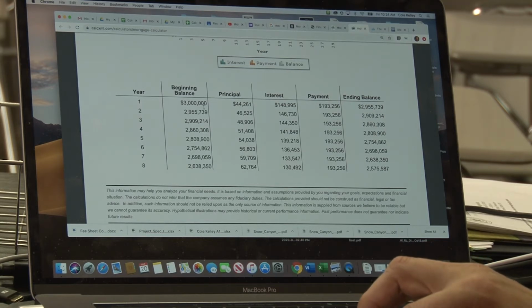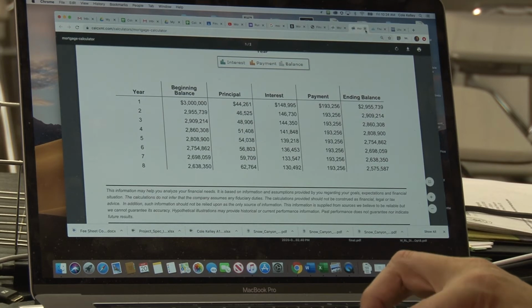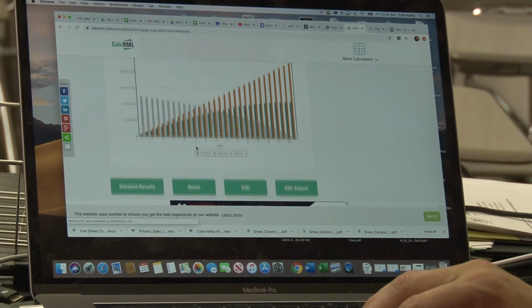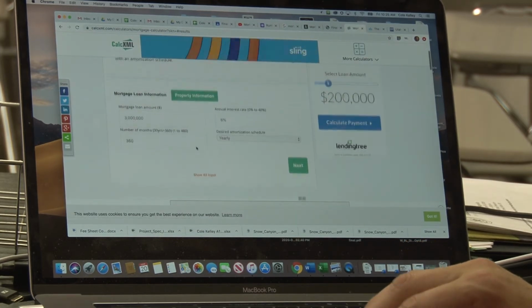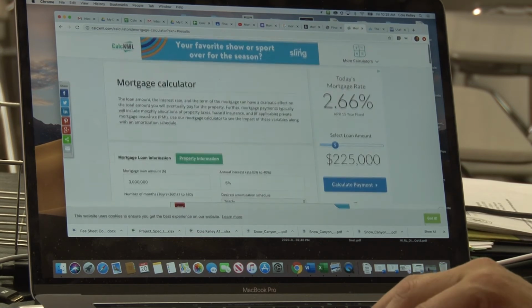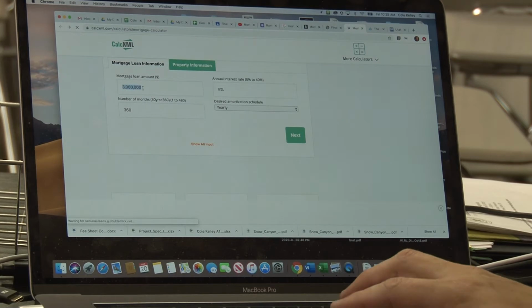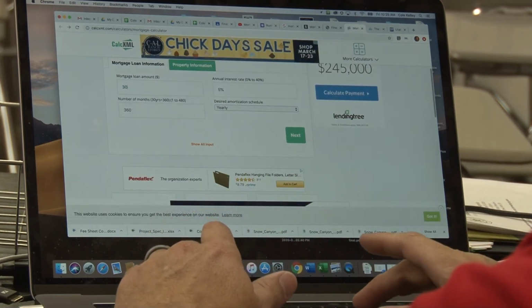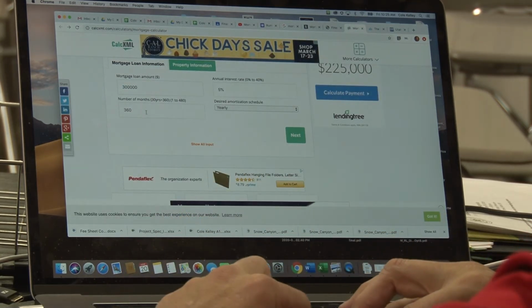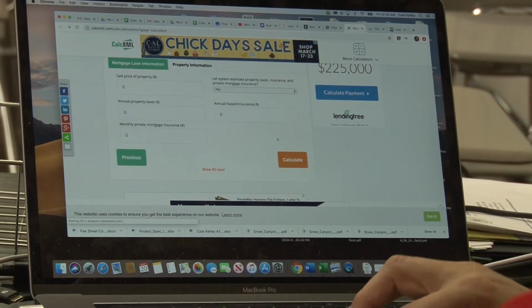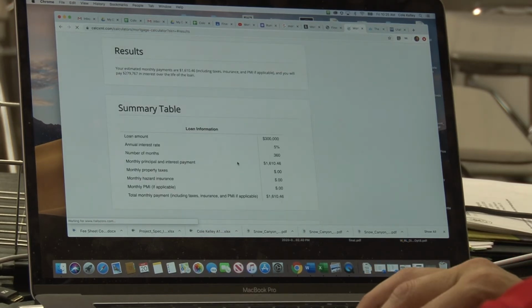Too many zeros. Sorry, I meant to do 300,000. So let's change that. Now we've got a $300,000 home.